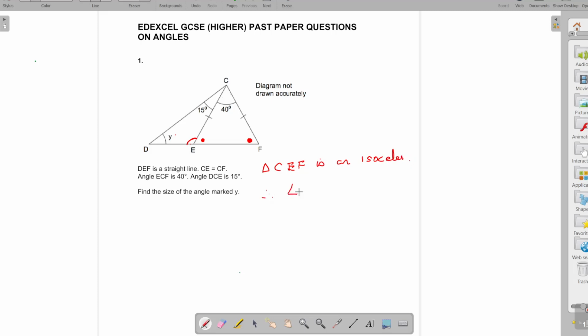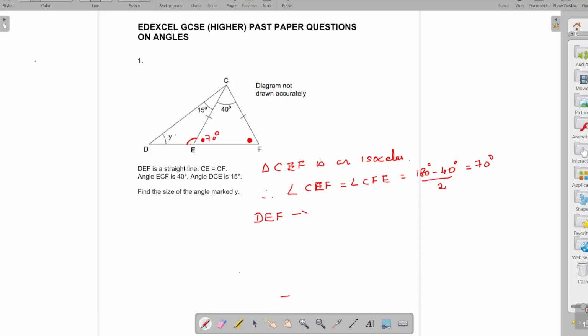Therefore, angle CEF is equal to angle CFE, which is 180 minus 40 divided by 2, which is 70. So this is 70.